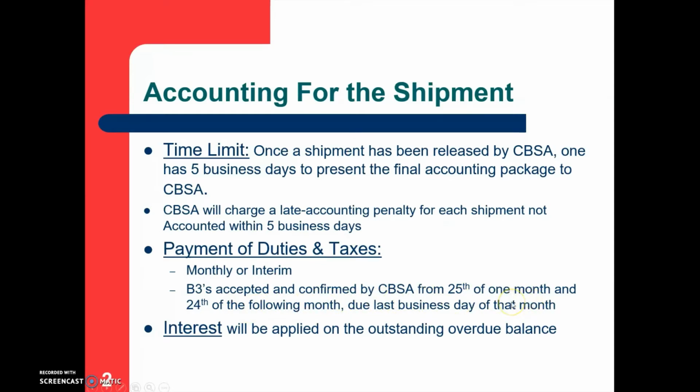So for example, this is October. On October 30th, which is a Friday, the customs broker would pay all the B3s they transmitted to customs from the 25th of September to the 24th of October. So nothing from the 25th to the 30th, just the ones from that period of time.